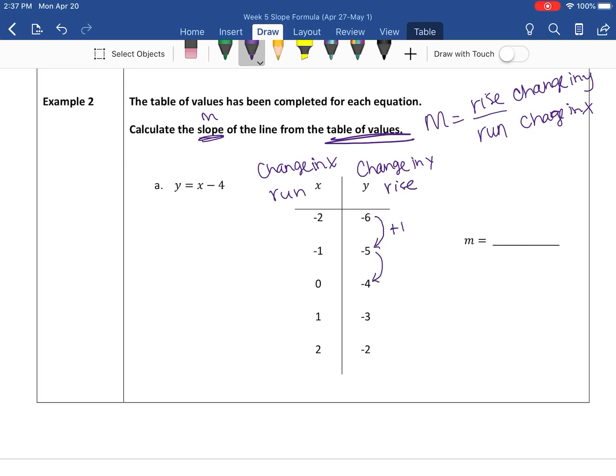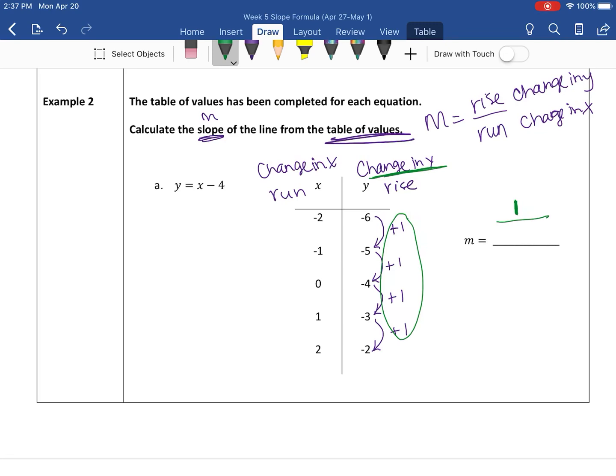Well, -5 to -4, we'd add 1. -4 to -3, we'd add 1. -3 to -2, we'd add 1. So what's happening in our y column? Each time, or each new point we go to, we're adding 1. So our change in y, our rise, is just a +1. And that's the first part of our slope.